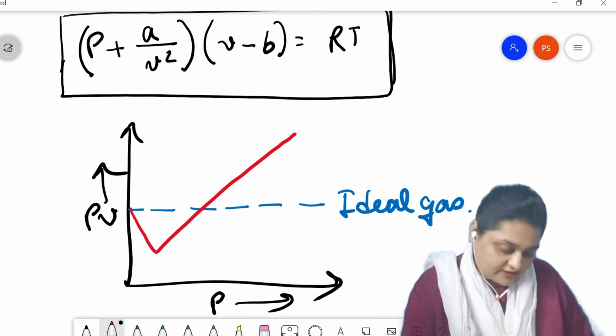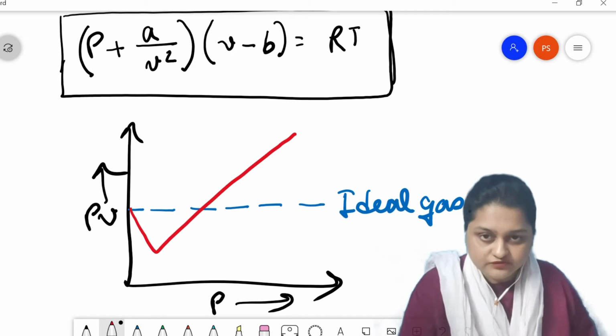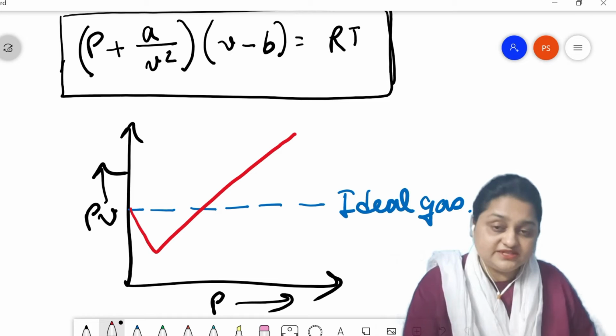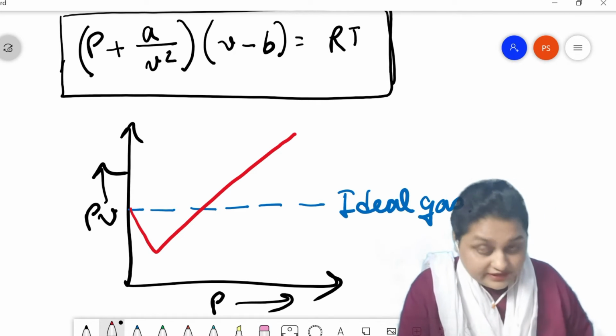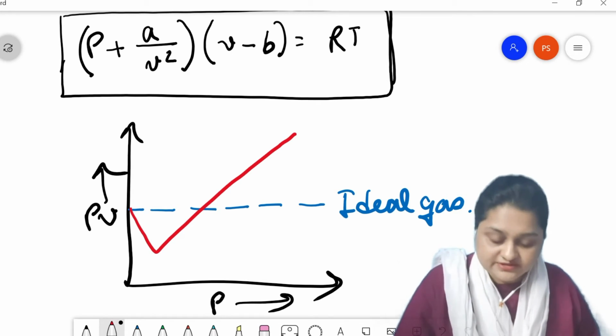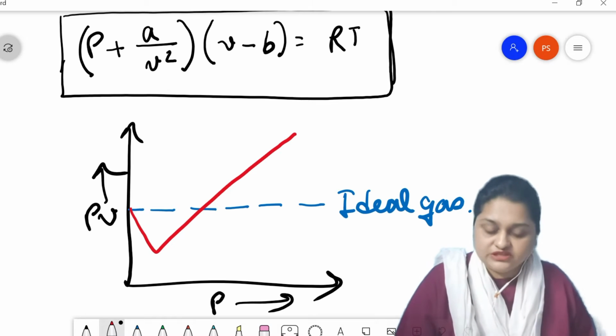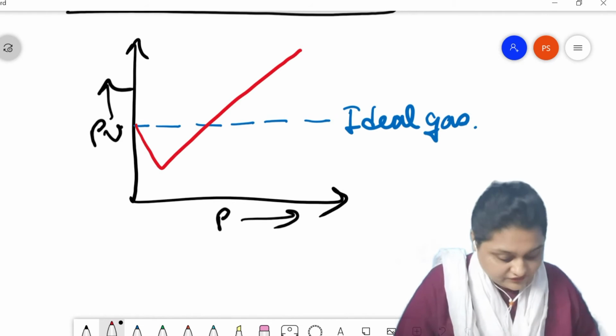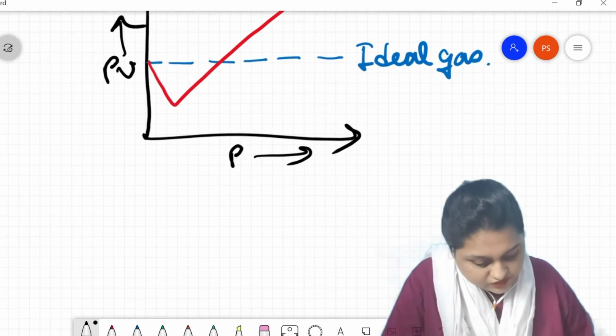This set of curves is given by gases like nitrogen, oxygen, methane. Let's study the behavior of this kind of gases with the help of the van der Waals equation and study this curve. Case 1.